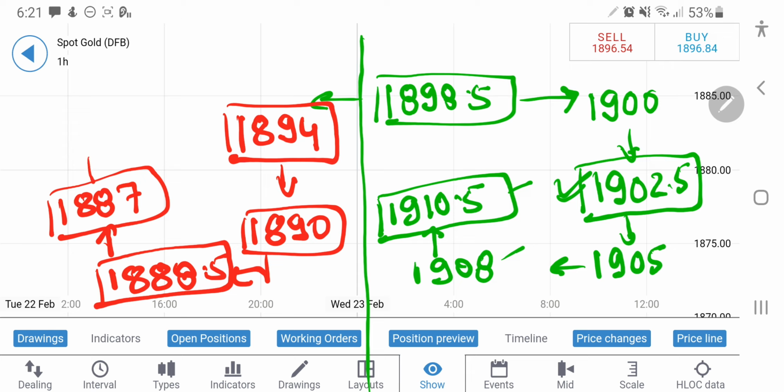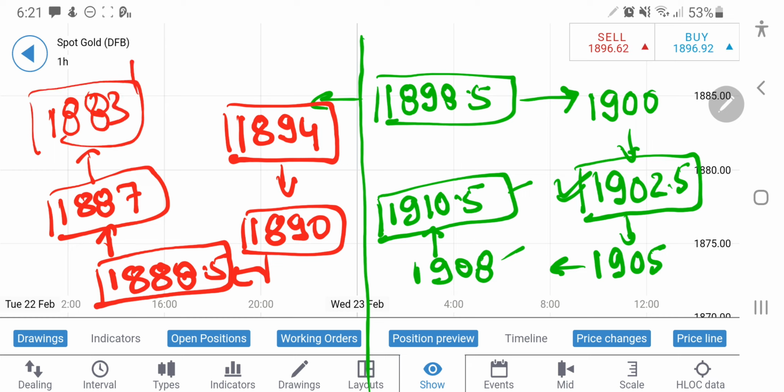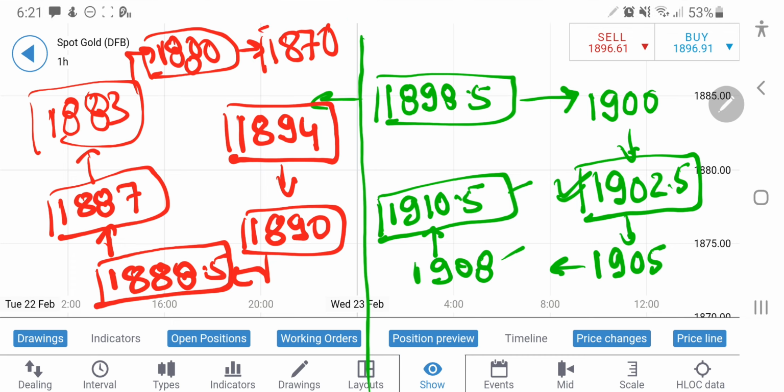If it breaks 1887, it will drop towards 1883 and 1880 levels, and once 1880 is taken, it may drop towards 1870. It can break heavily below these levels, below 1887, and it can rise heavily if it breaks 1910.5. Yes, it can rise strongly upwards also. So this is all for gold.